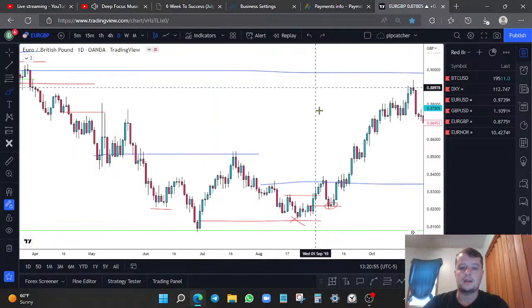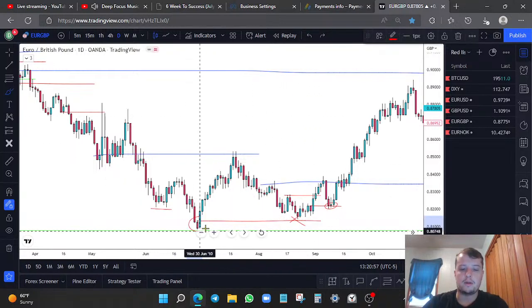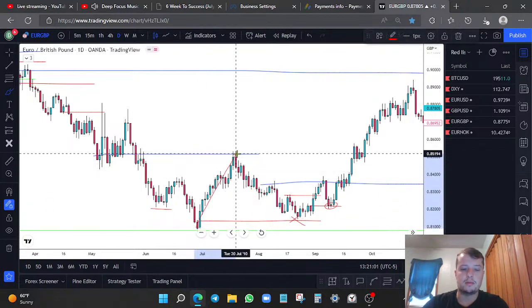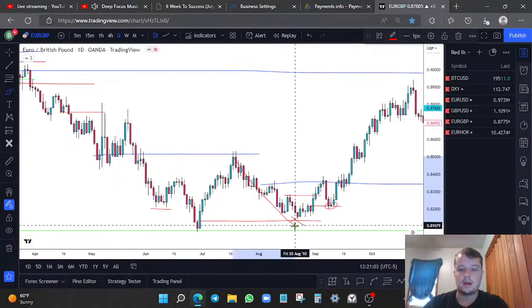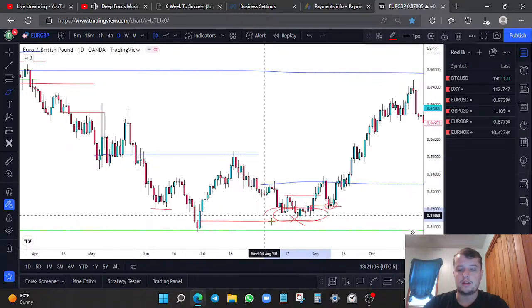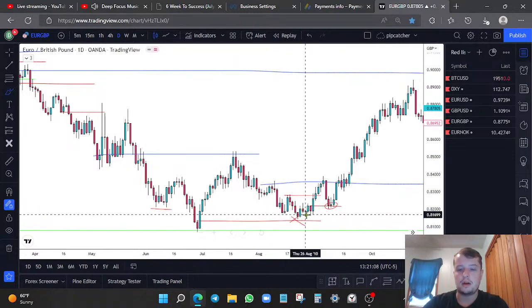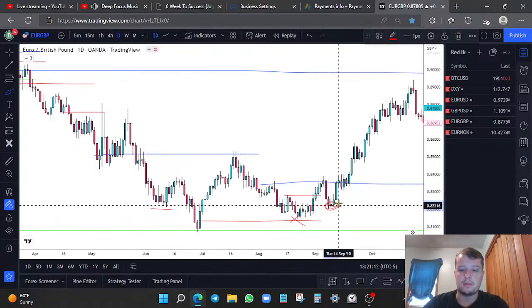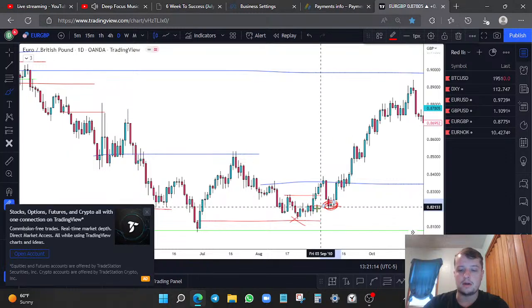Just like in this setup here, we have our monthly rejection, price pushes to the upside, comes back. I wouldn't enter in this area here, but then we get another break of structure and a retracement back down into this area here.